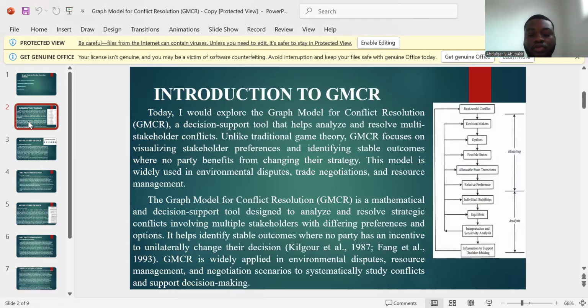So when we come to the introduction to GMCR, that's the graph model for conflict resolution. It's all about real world conflict, decision making, states, feasible states, options, transitions, preferences, stabilities, equilibrium, and information to finally support decision making on whichever conflict.